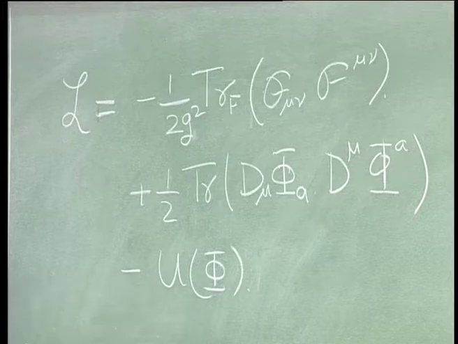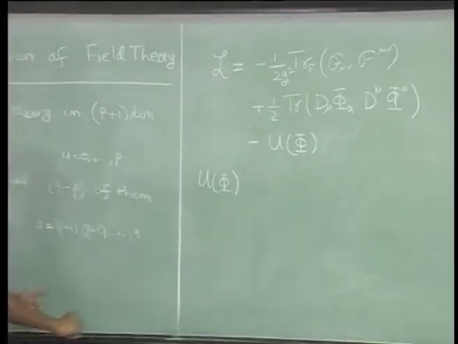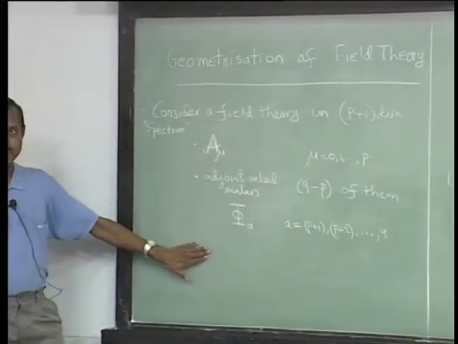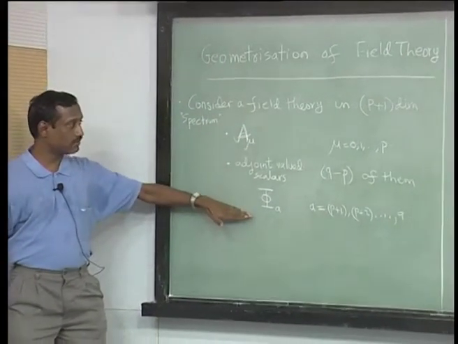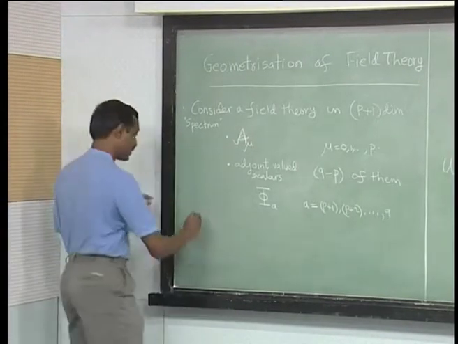Now, I need to give you U of phi. By the way, we can also see that this spectrum can be obtained by dimensional reduction, we have seen this one before.